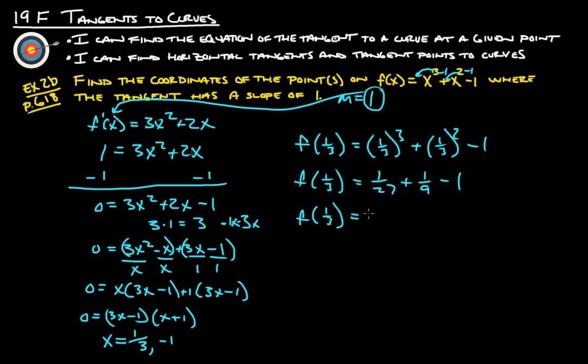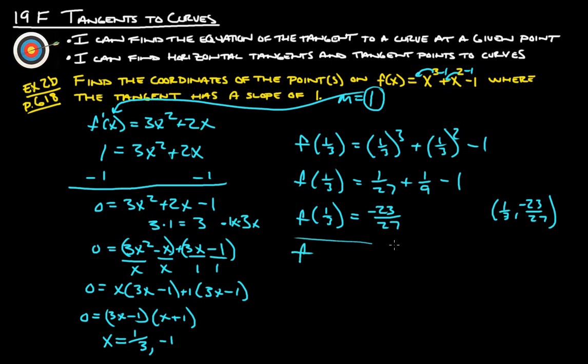So when we add this all up together, 1/27 plus 1/9 minus 1, we just get negative 23/27. So that means one of our points has to be 1/3 and negative 23/27. So that's a nice one.